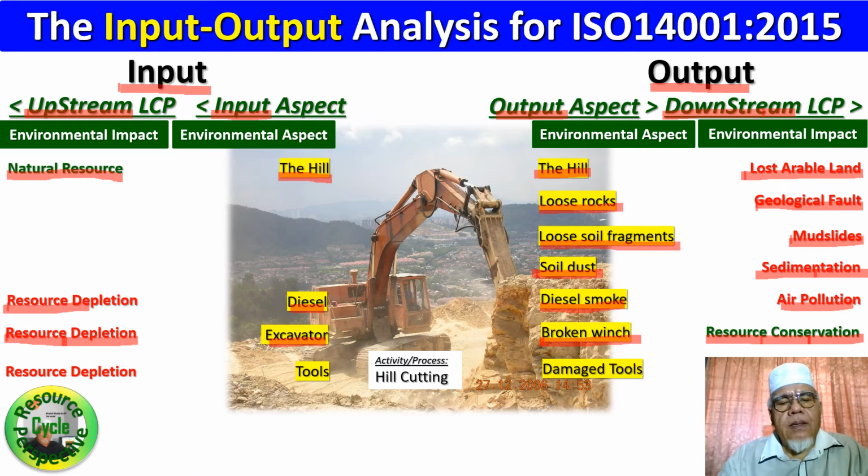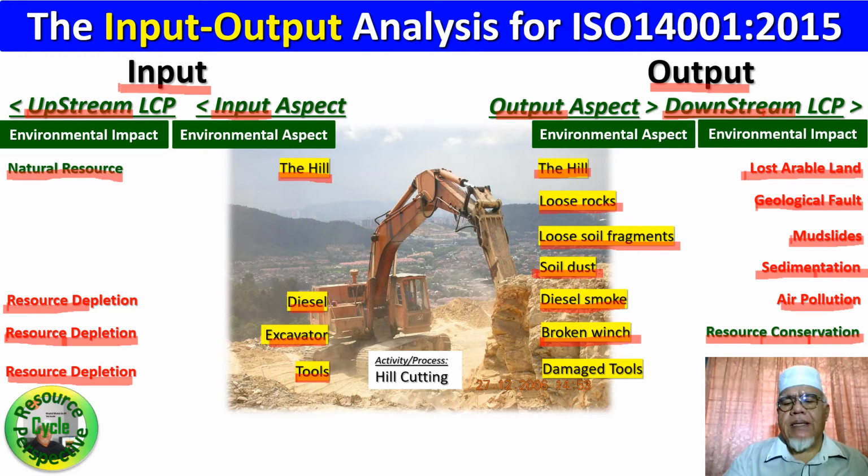Input aspects other than those are tools that are being used, and tools are all from natural resources. This is the environmental impact associated to tools. So all these are input aspects. I don't say fresh diesel, new excavator, no, just that word. The item itself, the whole thing, the entire tools, that is input.